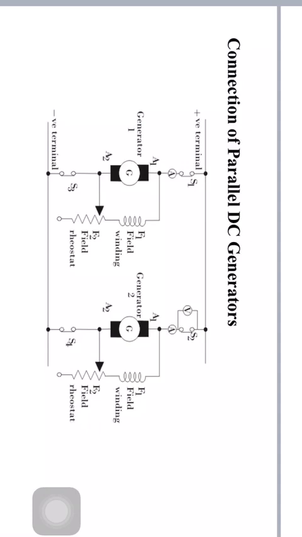So in that case, a number of smaller units can be operated in parallel to meet the load requirement. And we know a single large unit is more expensive when compared to a number of smaller units. So we can increase the plant capacity also.